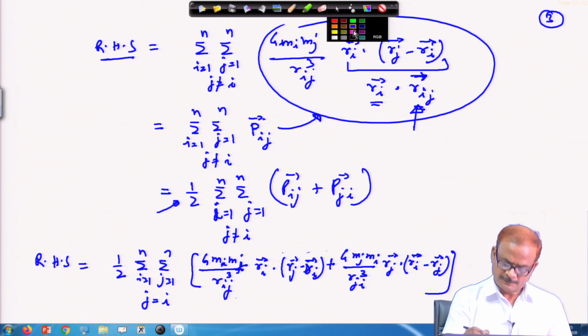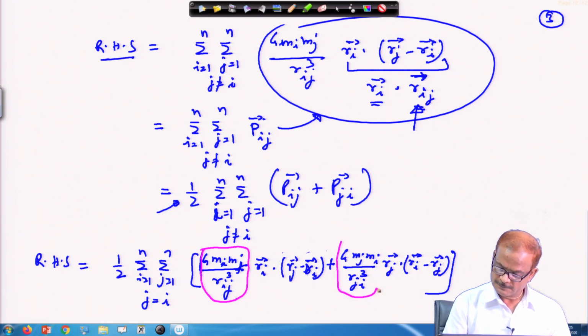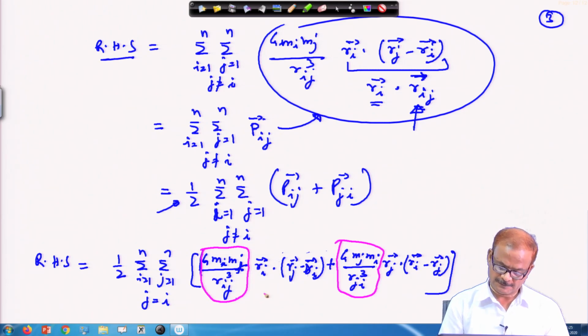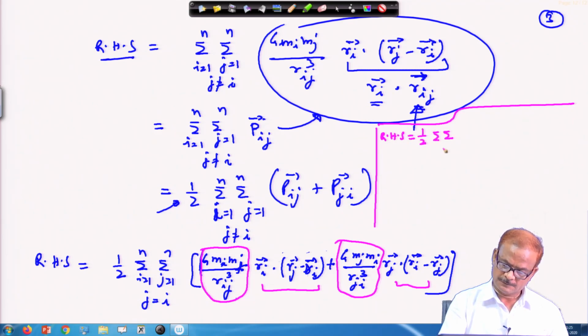So, if we observe from this place, this term is common to both of them. This particular term is present on both the sides. Only thing, this term we have to take care of. So, the RHS then gets reduced to 1 by 2 summation over j equal to 1 to n.